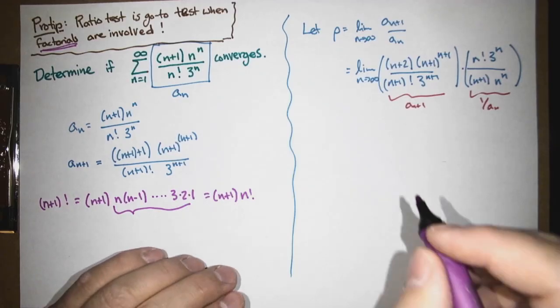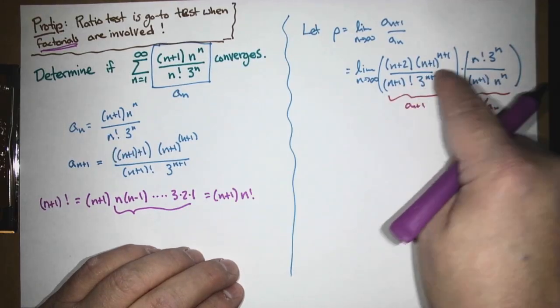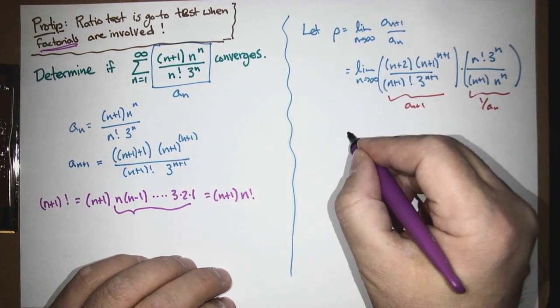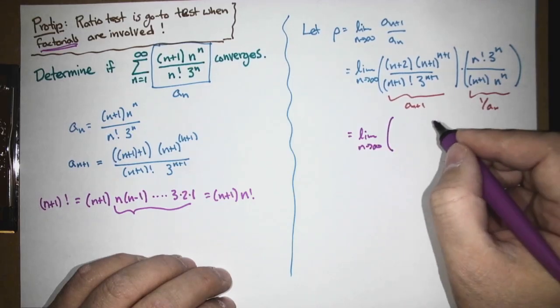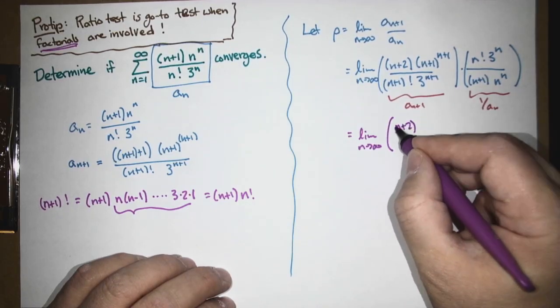So let's use that here, because I have an n factorial here. If I want to cancel, I'd really want to compare an n factorial and an n factorial to get cancellation. So we have our limit, n goes to infinity. We'll write some things down. We have an n plus 2.